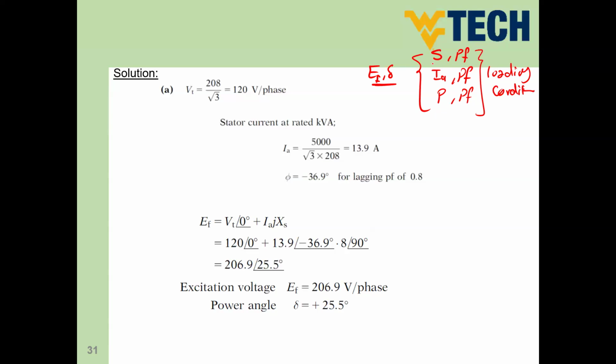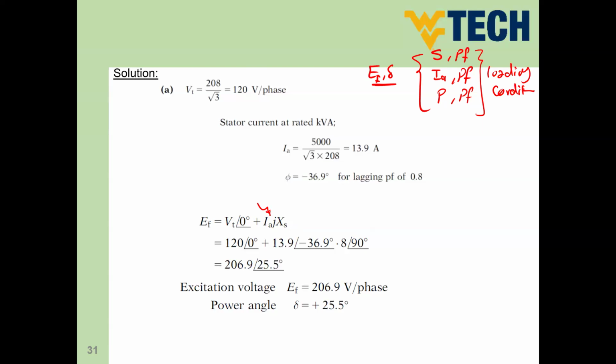Since we have the apparent power and power factor, we can go ahead and continue solving the question. So we have only one relation to calculate EF and delta. The relation is EF equals V terminal plus j IA XS. Here the resistance is neglected in this question. So this is our relation. In order to get EF, you have to calculate IA.